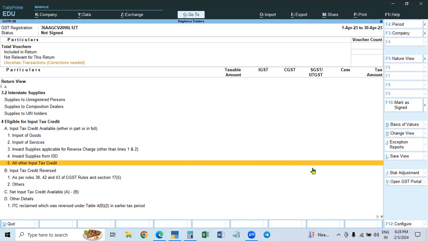Out of that 1 lakh, we are eligible to claim ITC on the commercial house only, but not on this one. So you have to take the total and reduce the ITC for which we are not eligible, that is, for residential, we are not eligible for ITC.